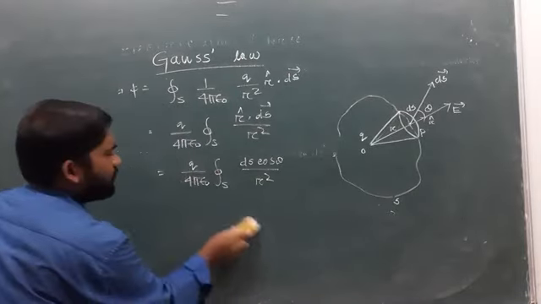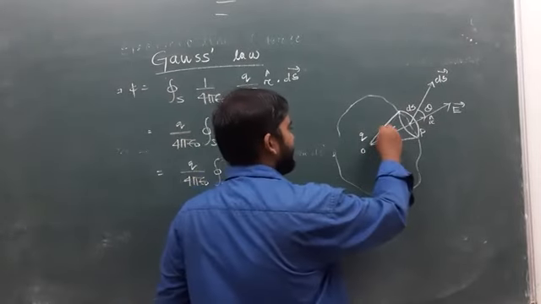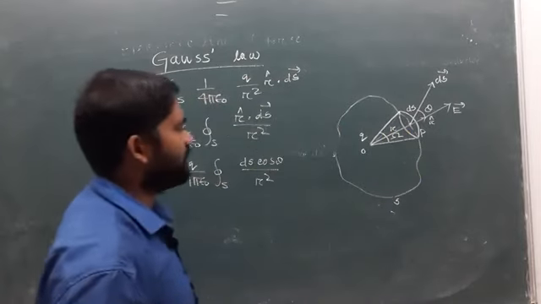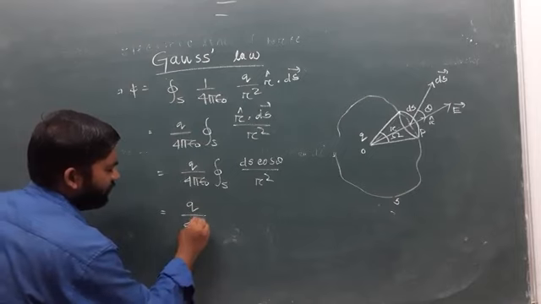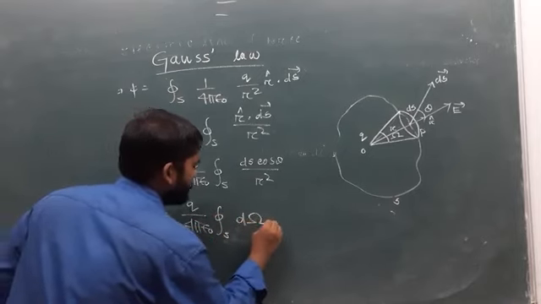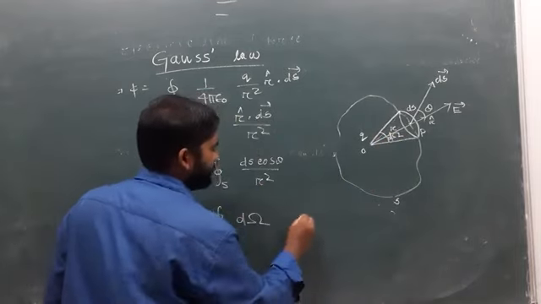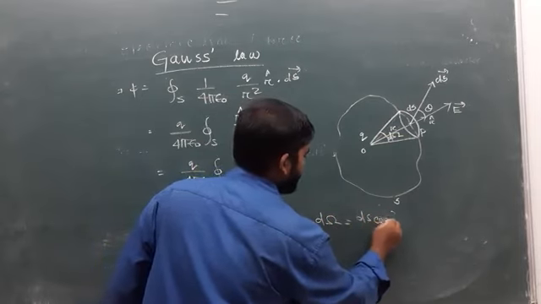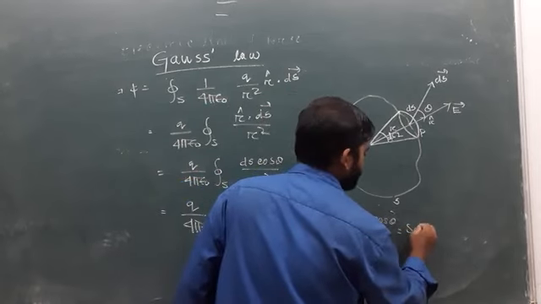Ds cos theta divided by r square is known as solid angle, represented as d omega. So d omega equals ds cos theta divided by r square, that is called solid angle.